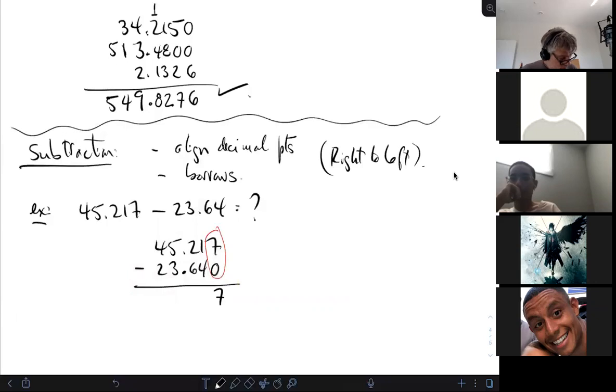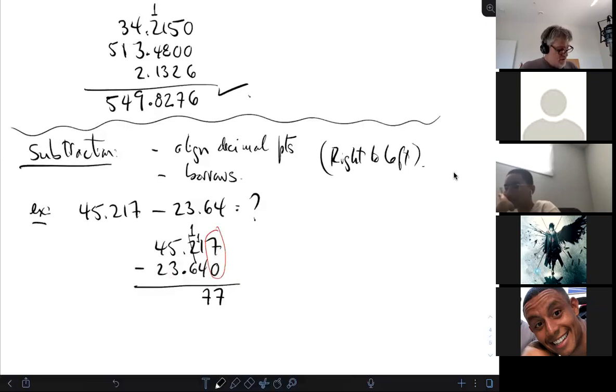So I'm going to borrow 1 of these guys here, so that will leave me only 1. And I bring it over here, right? Which is 10 times more, right? So as I'm moving right to left, the value is 10 times as big. So when I'm borrowing here, what I'm getting here is 11, right? So 11 minus 4 is 7.